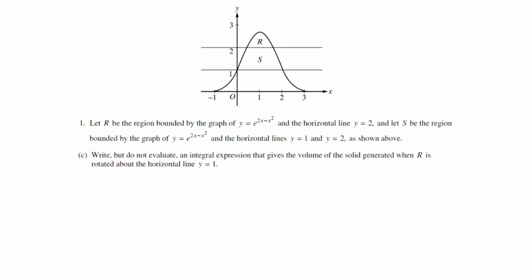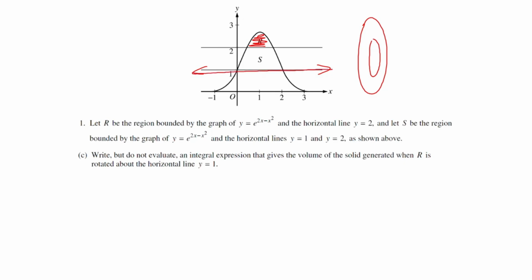And for our last one here, we're just going to see what happens if we revolve region R around the horizontal line y equals 1. We're taking region R, which is not fully pushed up against that line y equals 1, and revolving it around, which means we're going to get these washer cross sections because we've got a gap in the middle.